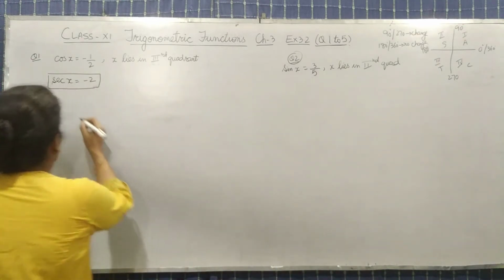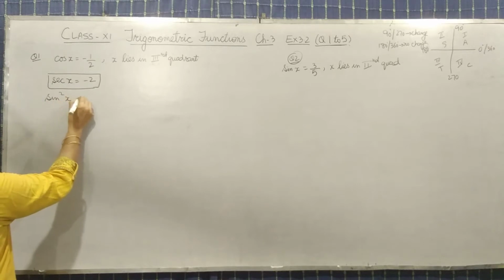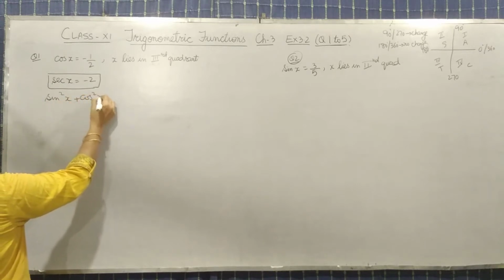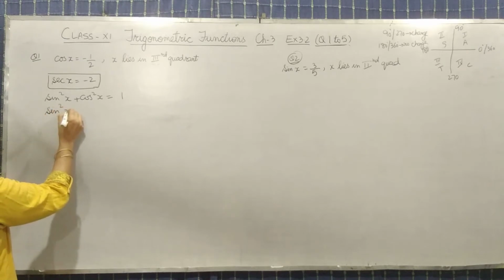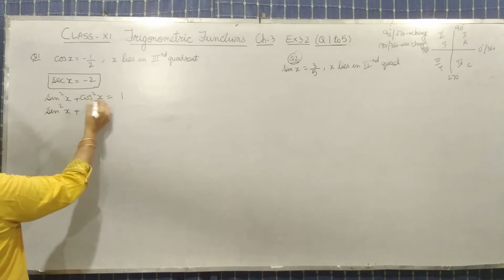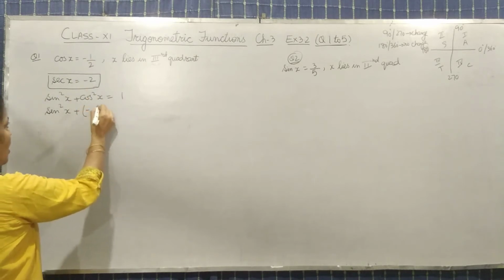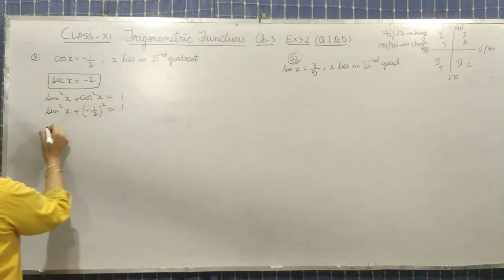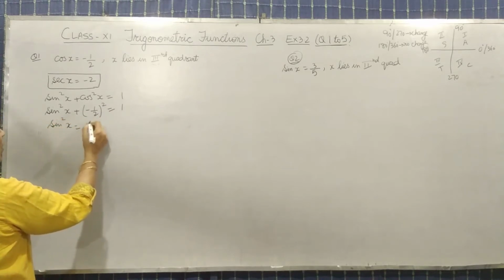Now, use the identity sin square theta plus cos square theta equal 1. Find out sin square x from here. Substitute the value of cos x from the given question. Half square, so sin square x plus 1 by 4 equal 1.